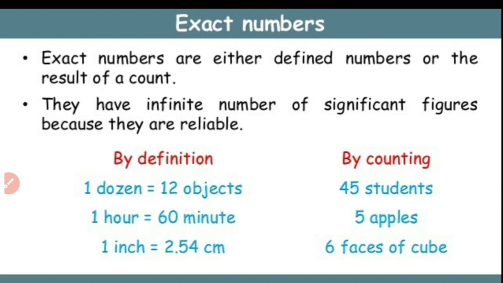What is pi? 3.14. So it does not have any unit. Okay, so we say that it has infinite significant figures. Got it? So if you are writing any number 2, 3, 4, etc. without a unit, it means it is a constant value or a number which has an infinite number of significant figures, because they are that reliable.